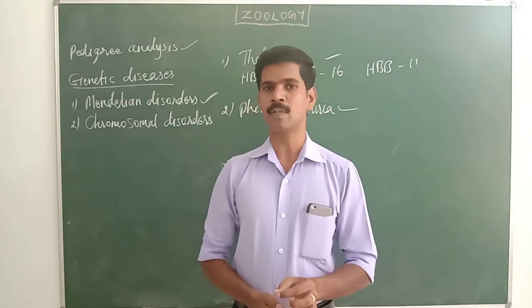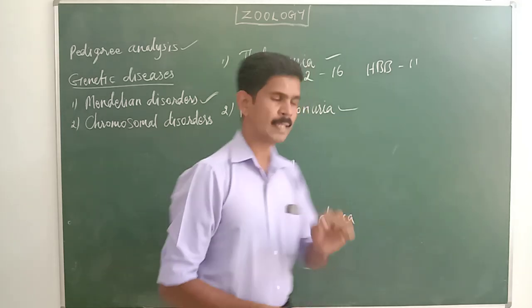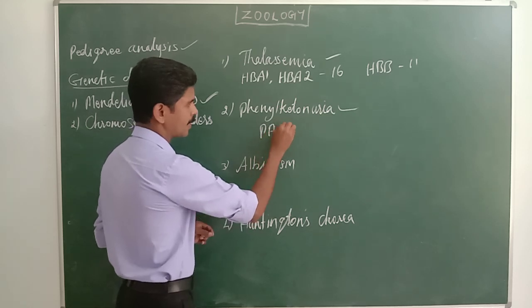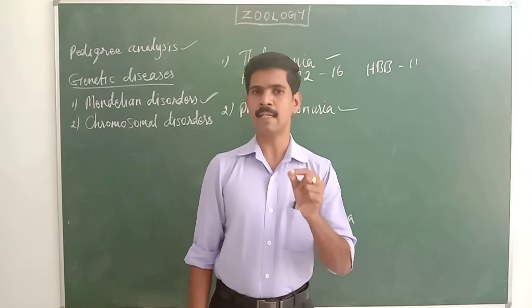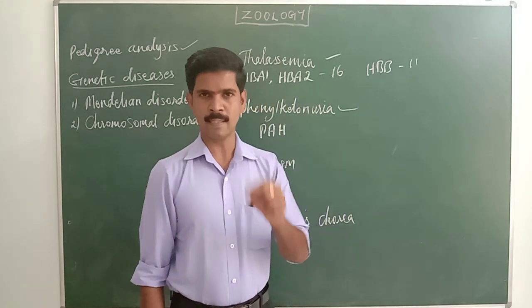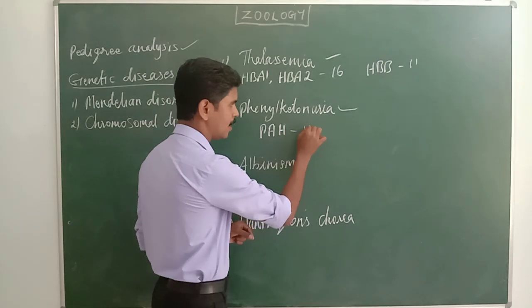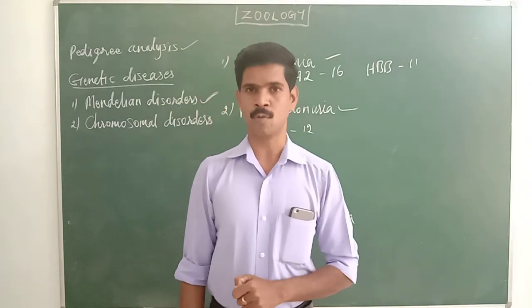The gene responsible for this disease is called the PAH gene, and this gene is located in the 12th chromosome.